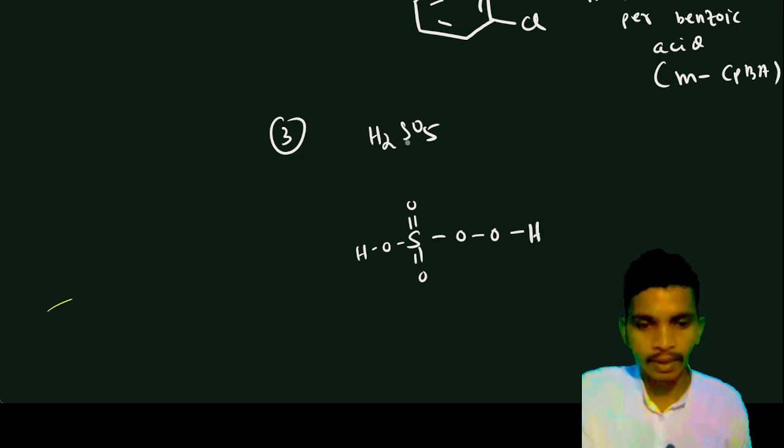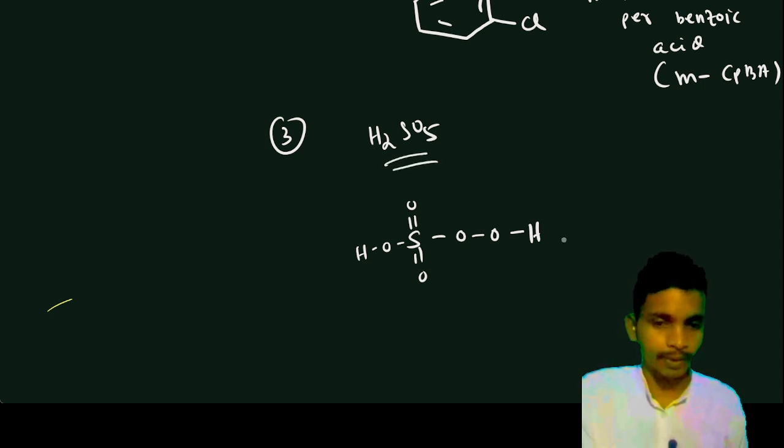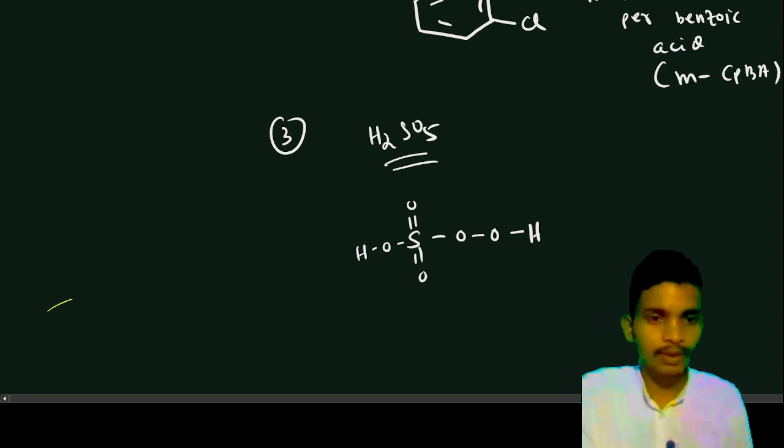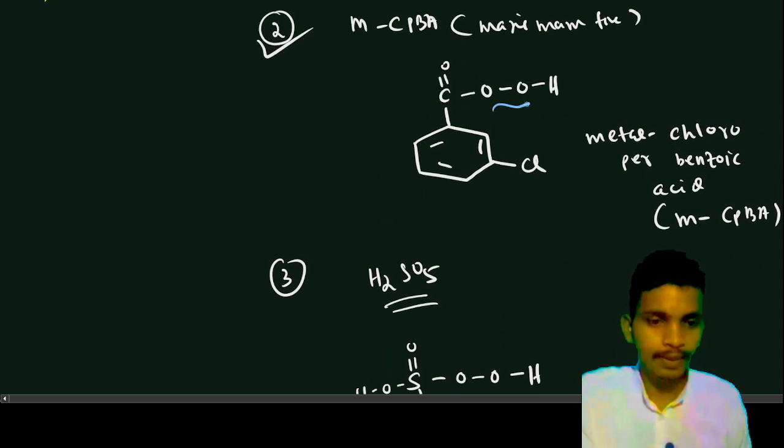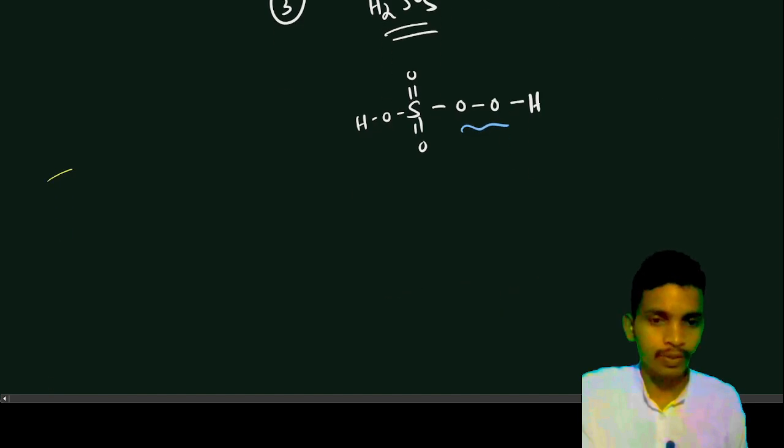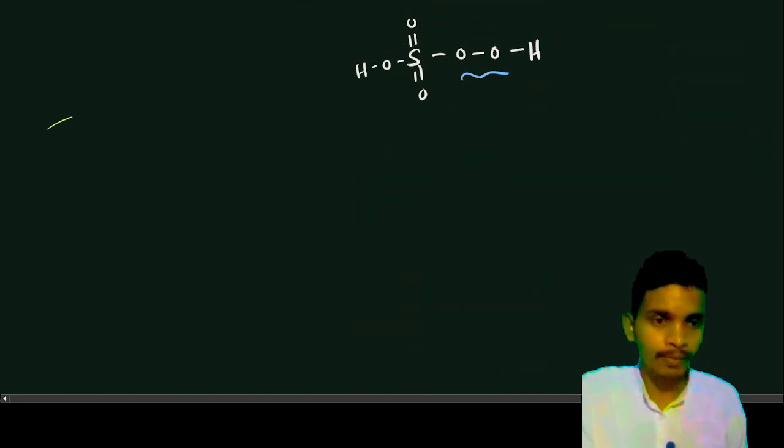So we see two hydrogens. This is also used, H2SO5. So the peracids can be meta-CPBA or H2SO5, or sometimes this is also used.